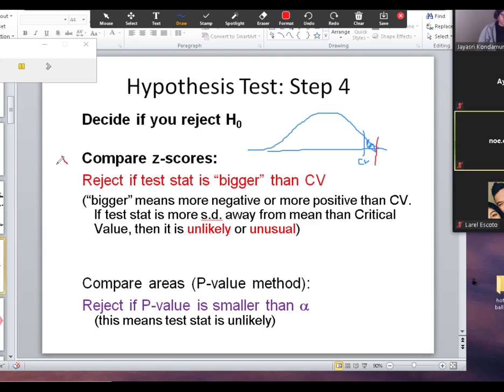So this is really how we're going to do it. We're not going to worry at all about this p-value method. We went over it a little bit last class just so you know what it is, because if you do more statistics in the future, especially in psychology, you're probably going to use the p-value method, but we're going to keep it simple for this class and talk about the basics, the more theoretical way. So we'll just do this one for now.